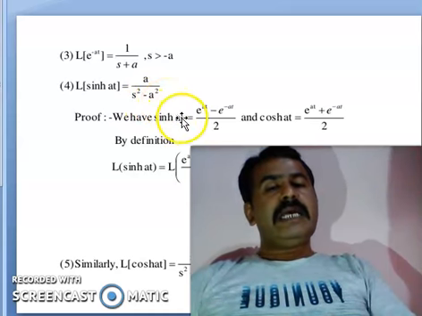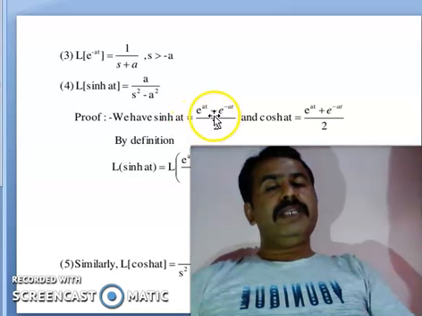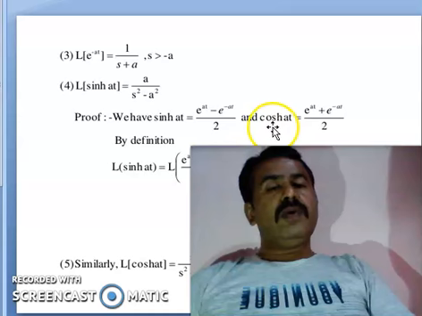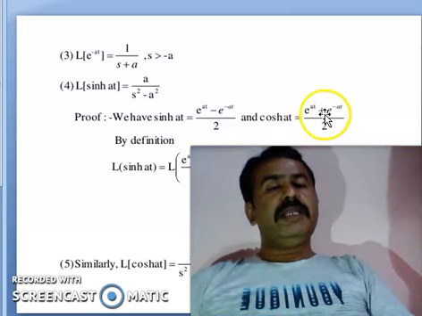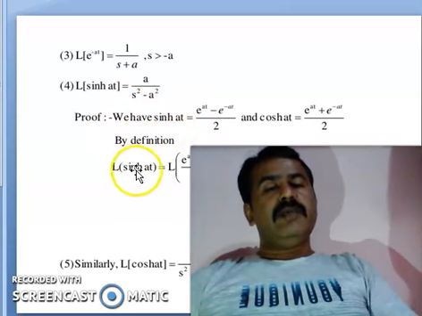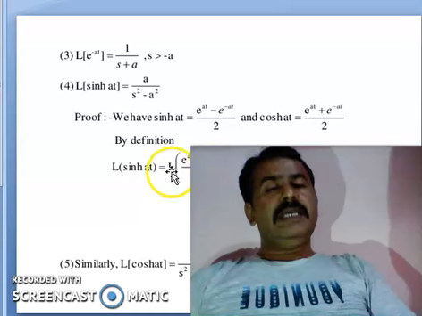As we know that sine hyperbolic at is e to the power at minus e to the power minus at divided by 2, and cos hyperbolic at is e to the power at plus e to the power minus at divided by 2. So by taking Laplace both sides, L of sine hyperbolic at is 1 by 2 outside, L of e to the power at minus e to the power minus at.